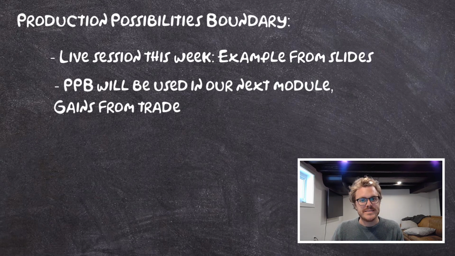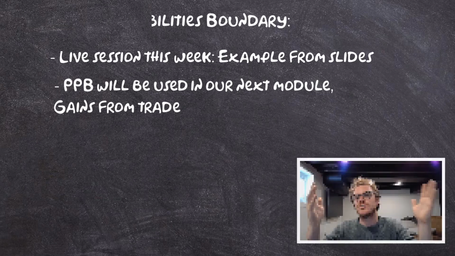So a lot of our examples and applications might use straight-lined production possibility boundaries, but it's really important you understand what the bow shape of a production possibility boundary would mean, what it represents, that the opportunity cost is changing as production changes. So just make sure you remember that for tests and midterms and your general knowledge.